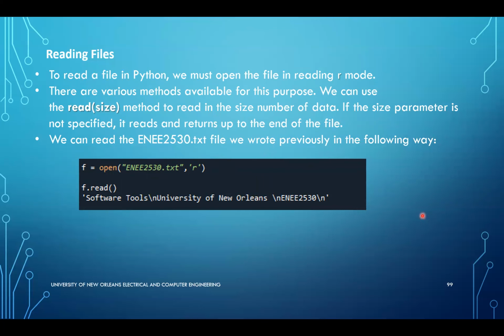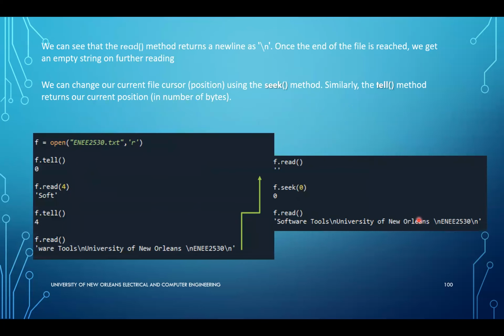so let's see now other examples. We can see that the read method returns a new line as \n. Once the end of the file is reached, we get an empty string when we try to read even more than that. And we'll see examples of that in just a minute. We can change the current file location or position if we use the seek method.